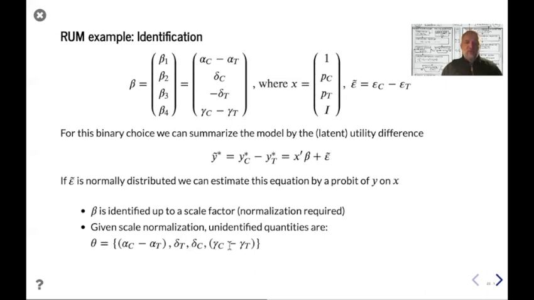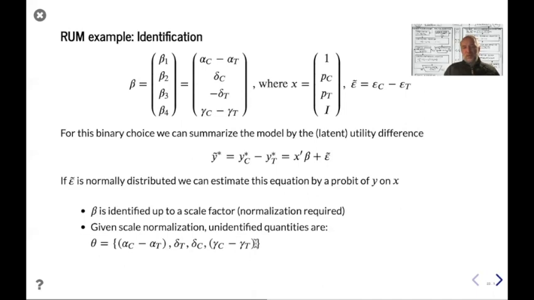For coefficients that vary across the alternatives, what you can actually identify is only the difference between them. So here you would need to make a normalization if you were to do a multinomial logit, for example.